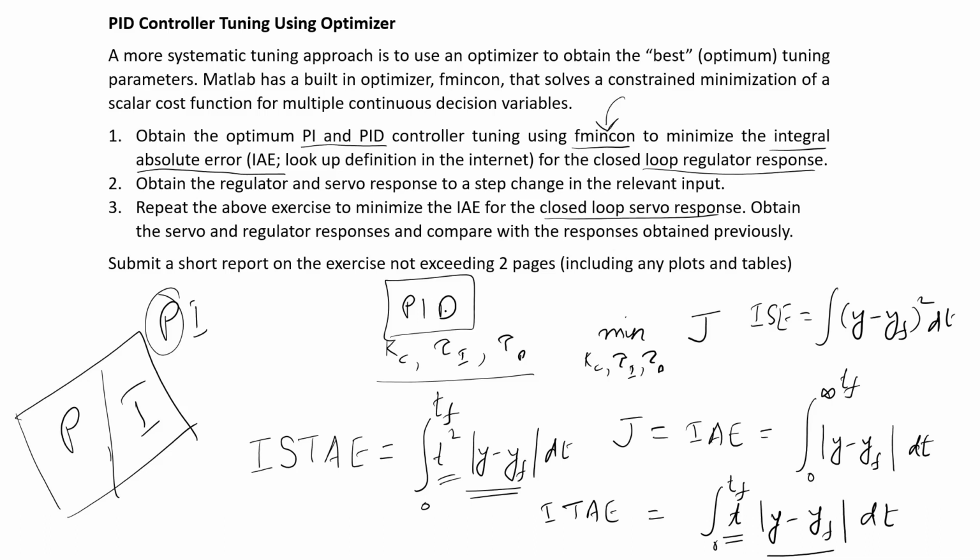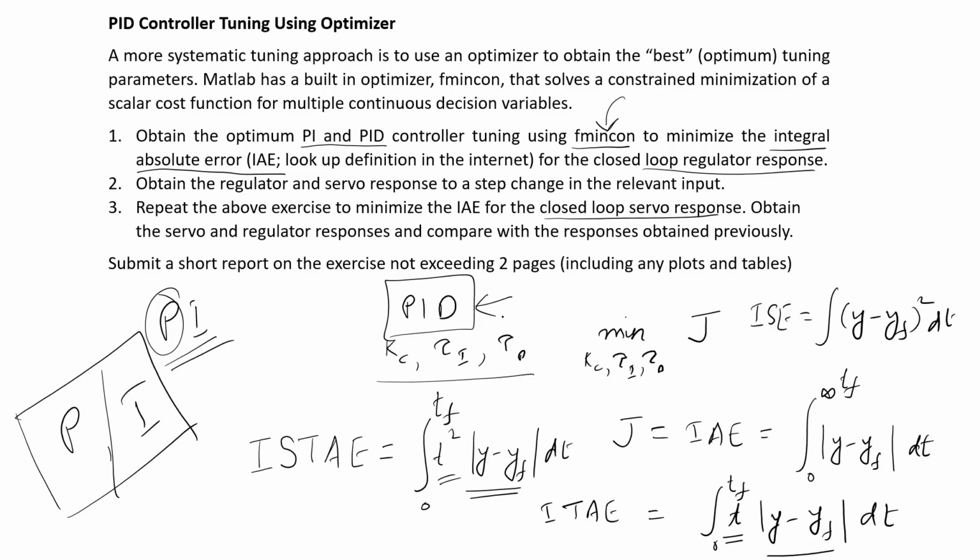That is why we are optimizing. So using P or I control doesn't make sense when you want tight control with no offset. So we will just limit ourselves to PI and PID. So that's the exercise that we are going to go through.